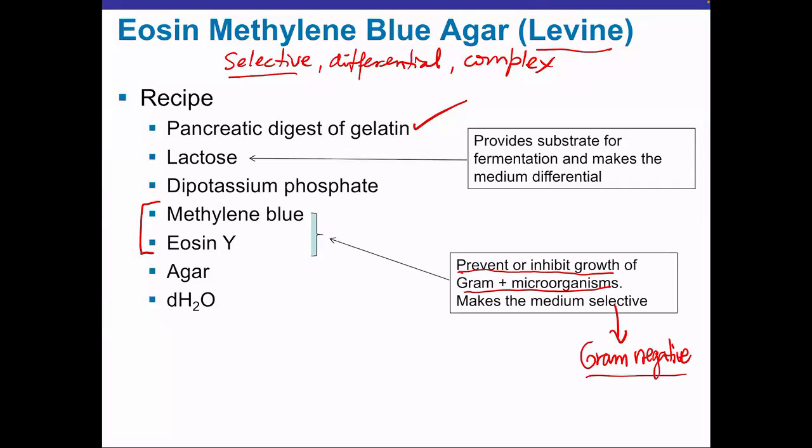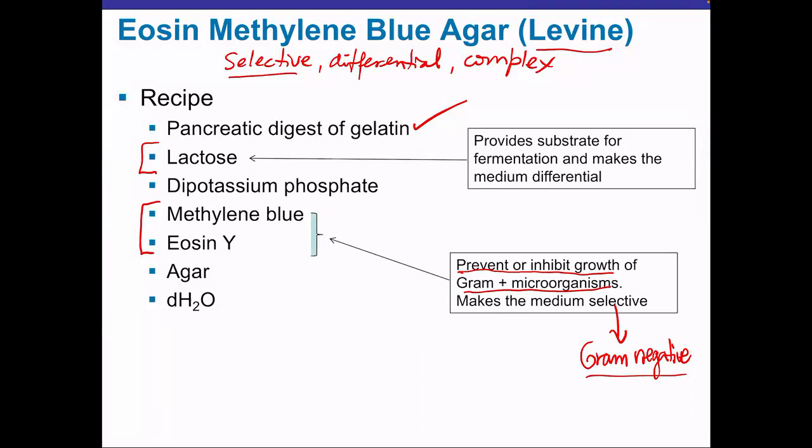In addition to that, the medium contains lactose, and lactose becomes the differential ingredient because the lactose is going to be used by the gram-negative bacteria that are growing there as a substrate to ferment.